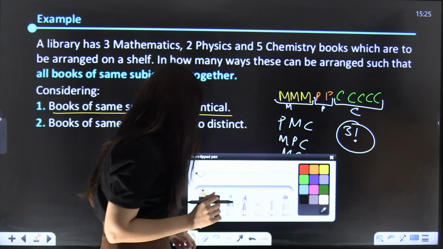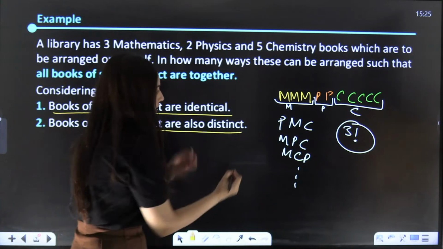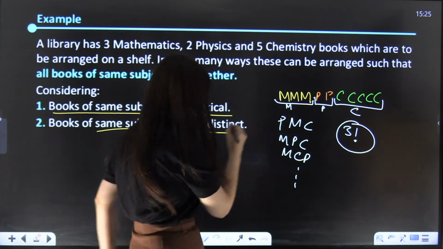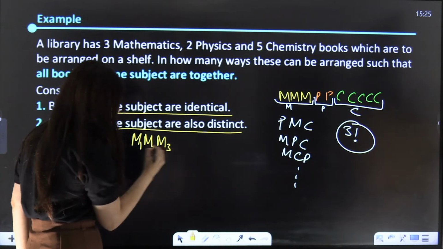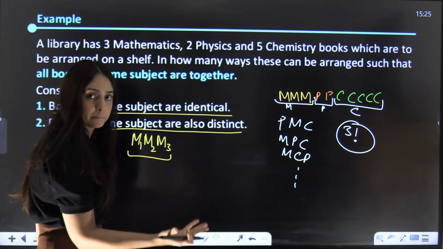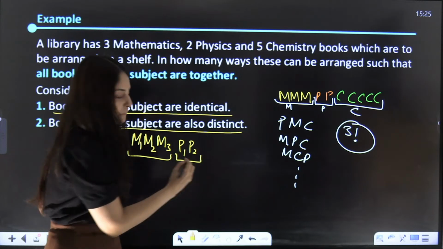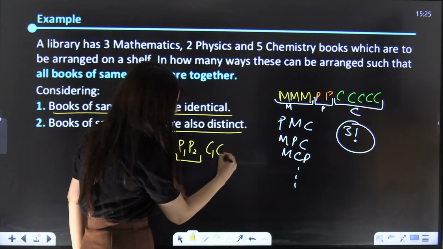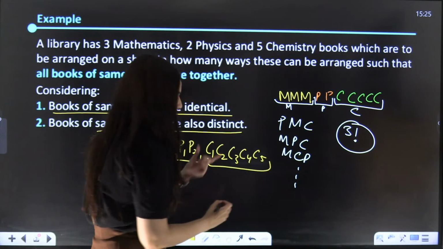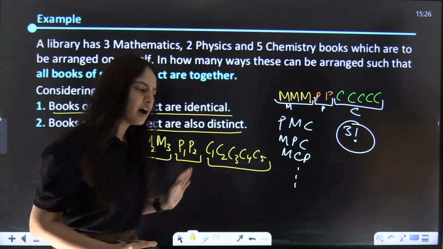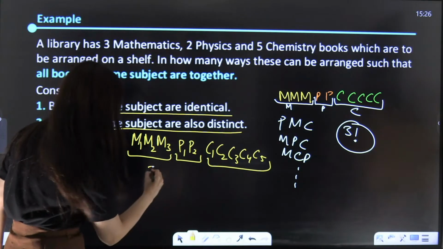But in the other case, when the books are distinct, this is M1, M2, M3, the M unit or M bundle. Then there was P1, P2, the P bundle, and C1, C2, C3, C4, C5, the C bundle. Just like before, we have to arrange these bundles, so 3 factorial.